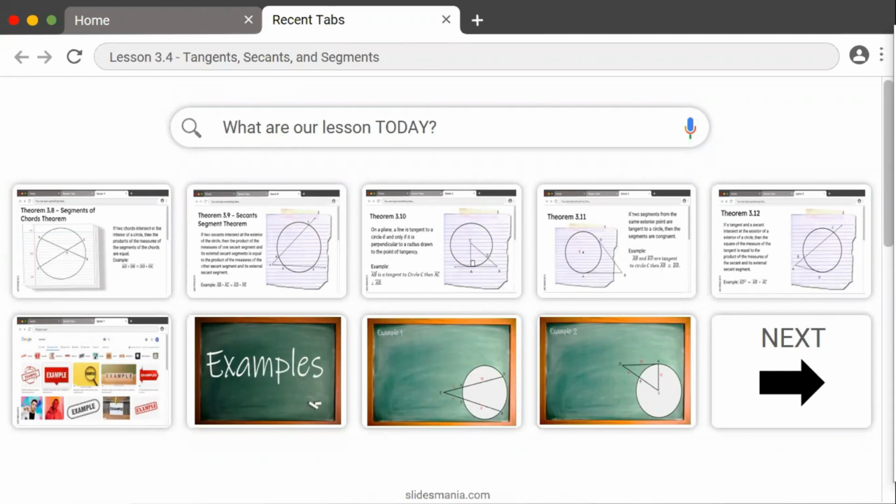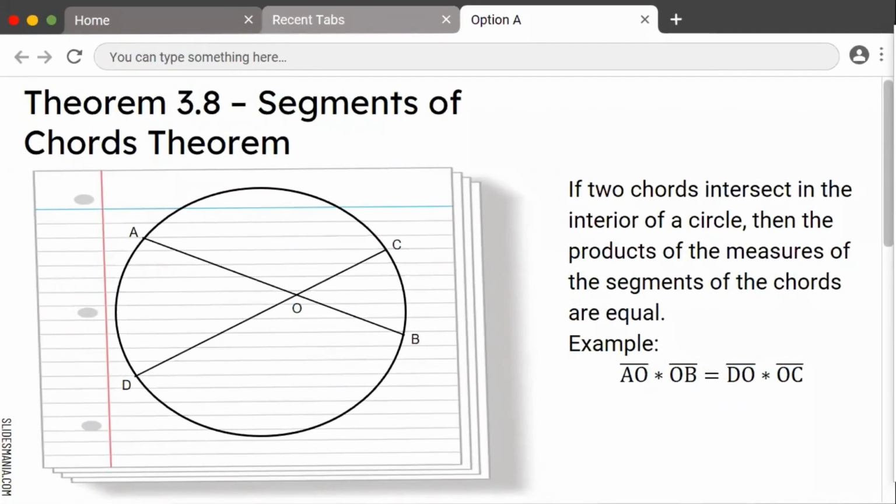So that's it, only three. Only three main targets this morning. Okay, so let's start with the first theorem. Theorem 3.8 talks about the segments of chords theorem.